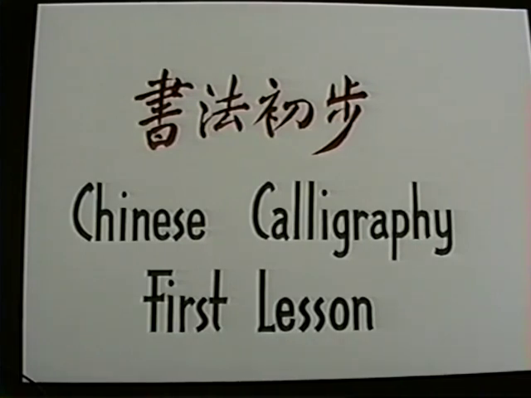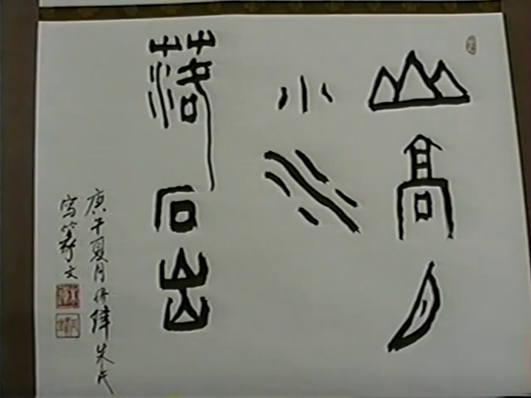Chinese calligraphy has a long history, almost 5,000 to 6,000 years. First I will show you the changes in the style of writing over that many thousand years. It's called the seal style, very ancient written Chinese characters.